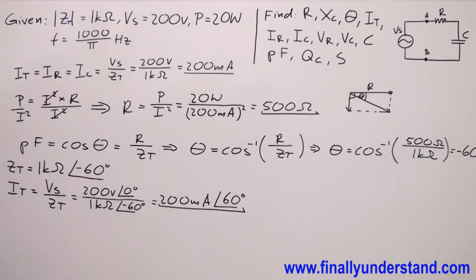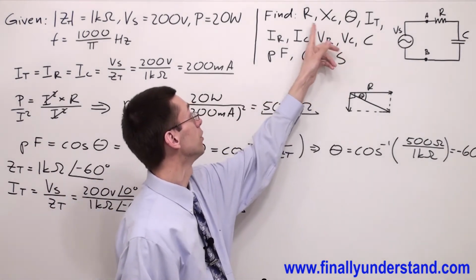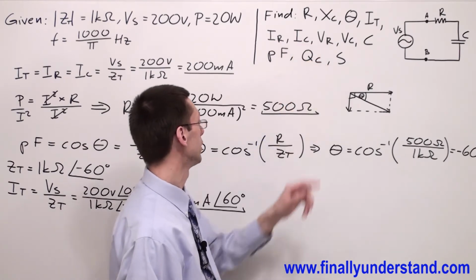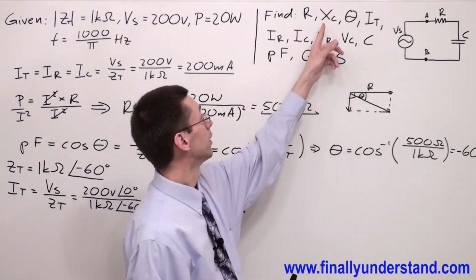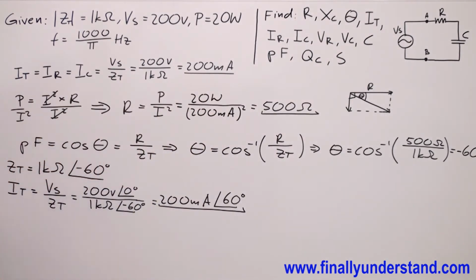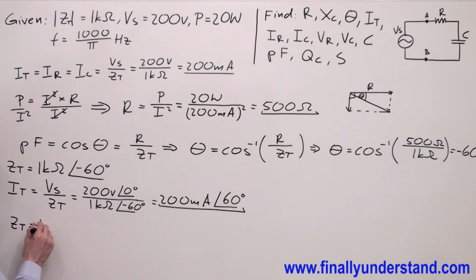So we found so far I total, we found angle theta, we found R, we found all currents, so we can find right now X of C, the capacitive reactance. You're supposed to realize that this is a series circuit, so total impedance Z total is equal to R plus X of C. Now we're supposed to find X of C. In order to find X of C, we're supposed to use algebra.